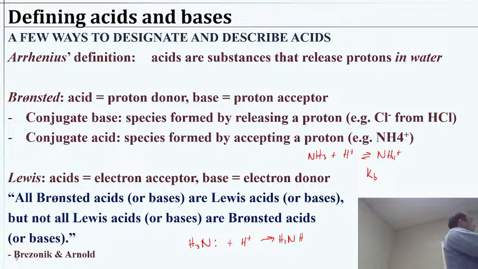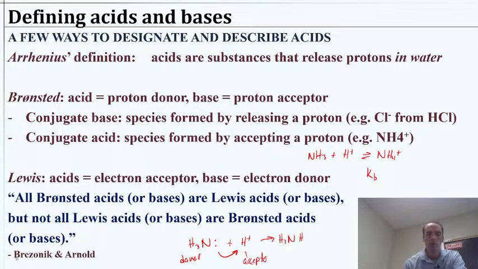And so a Lewis acid is something that's accepting the electrons, and in this case, the acid would be the H+. It's accepting electrons here. So this would be the donor, and this would be the acceptor.